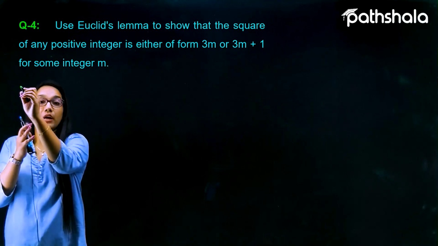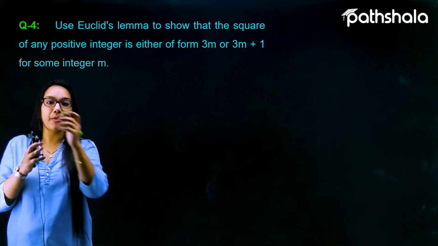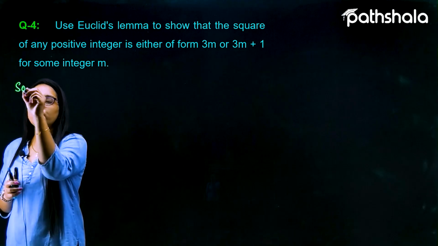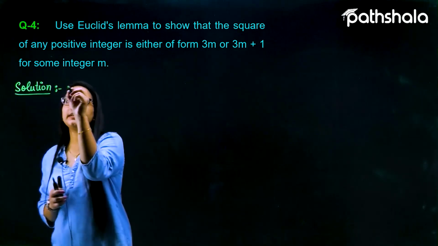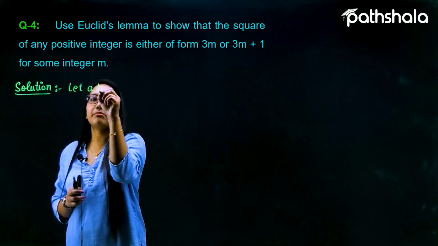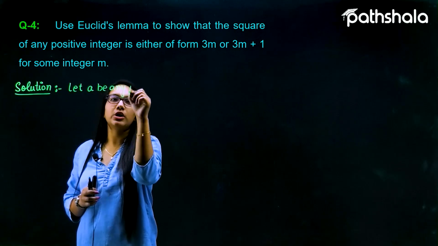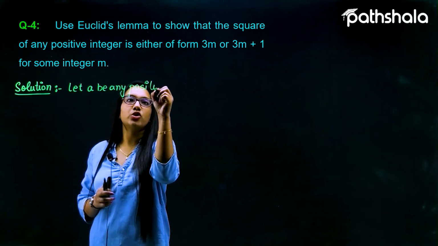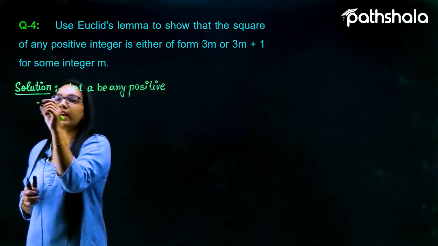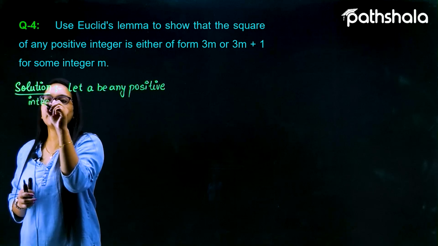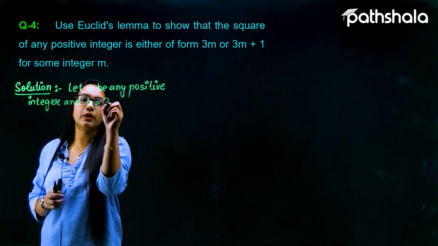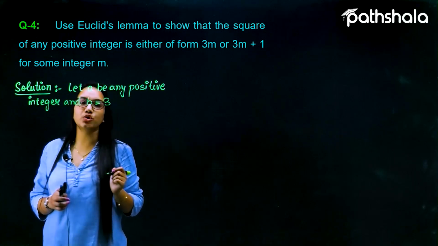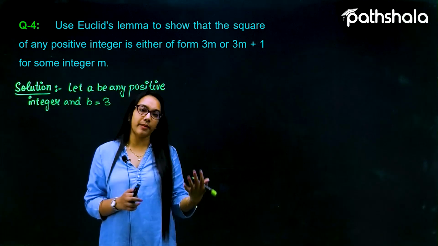As we know, we have to use Euclid's lemma here. So the solution will be: let a be any positive integer, and we are taking b as 3 because we just want to prove that it is either of the form 3m or 3m plus 1.